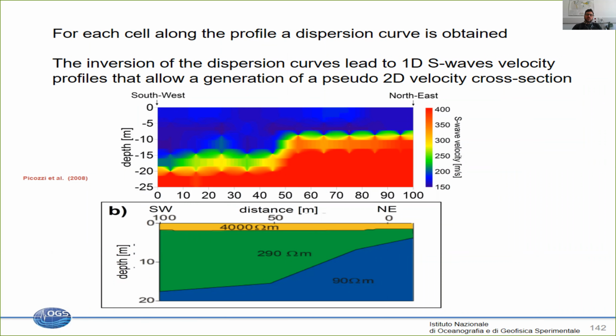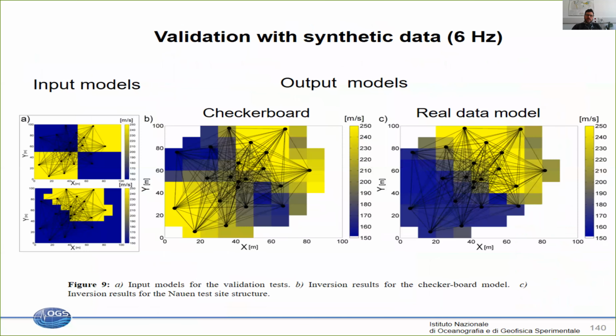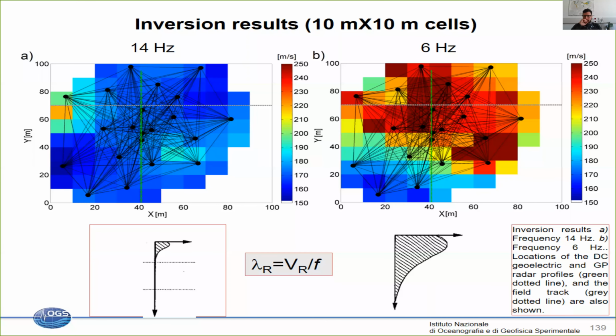So we are not using only 6 and 14 hertz, but we use also the frequencies in between. Oh, okay. So this is just an example to show you some, let's say, extreme cases from the very shallow to the deepest part that we could use. Of course, you can also use all the frequencies in between, and that's what we have done.